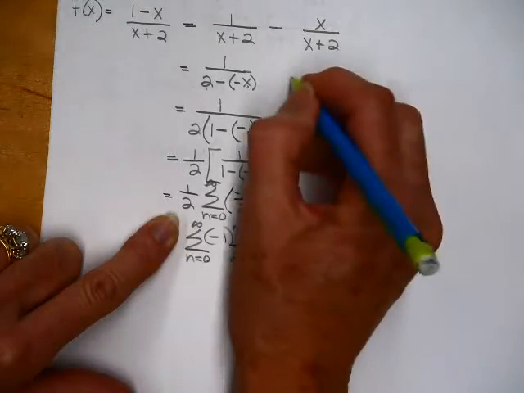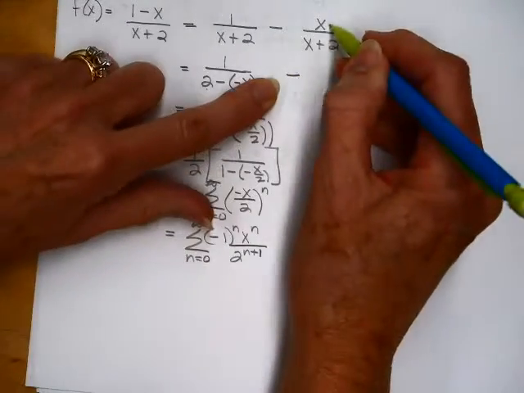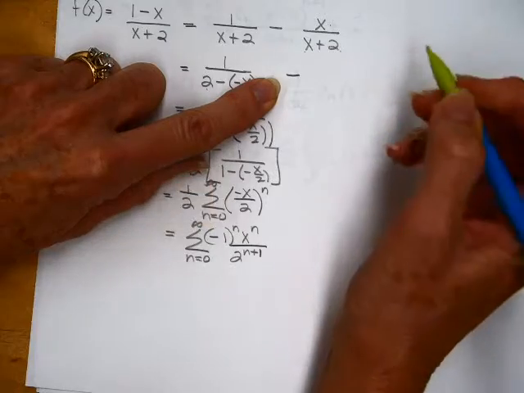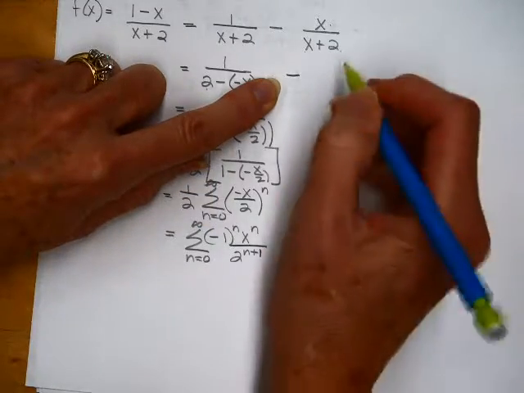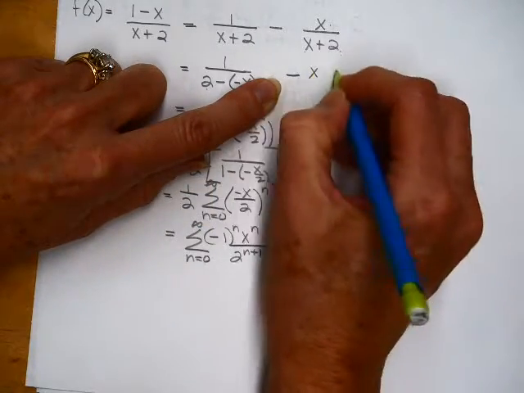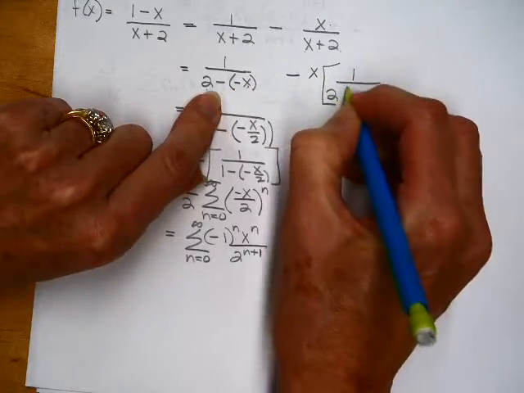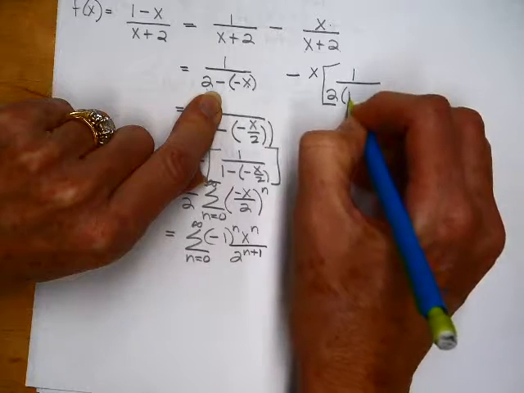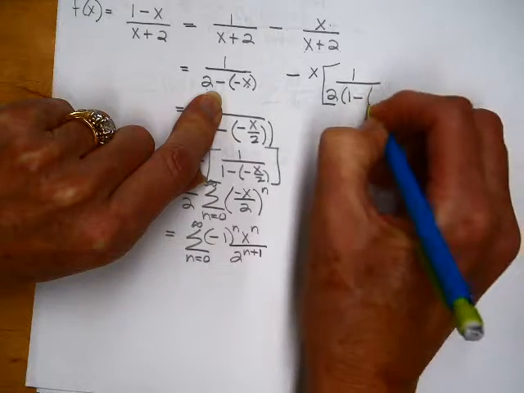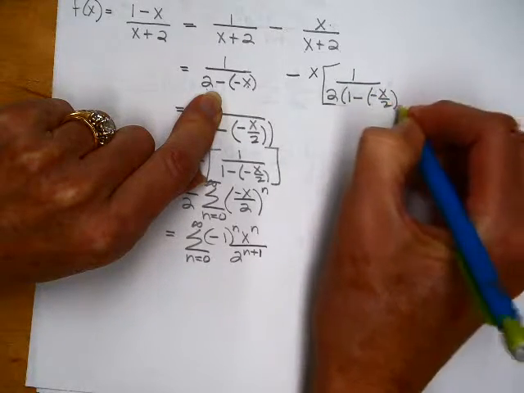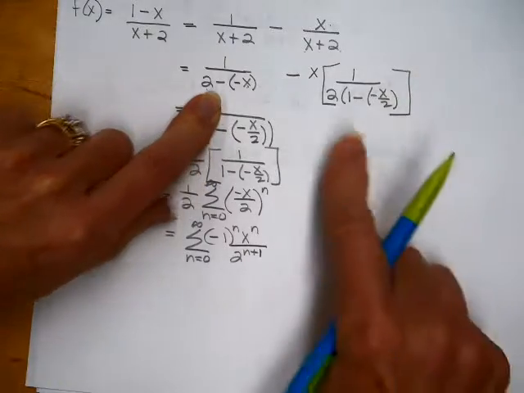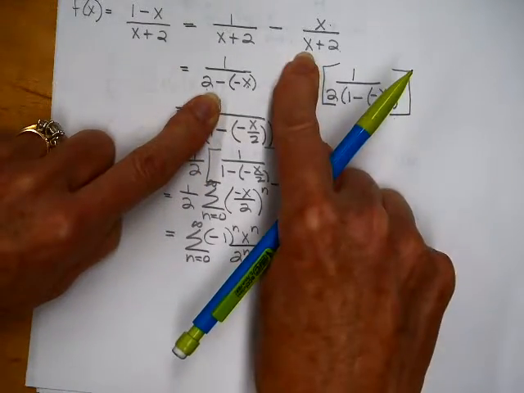Now go over here and do this one. I've got minus x over x plus 2. So you're pulling out the x, and then you're going to have the exact same thing right here. This is going to be 2, 1 minus negative x over 2. It's the same exact thing.